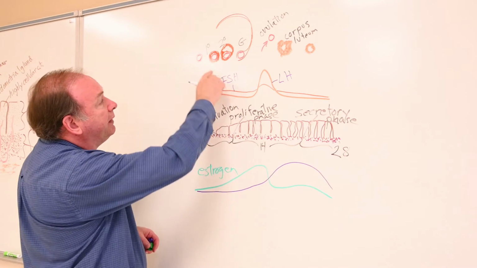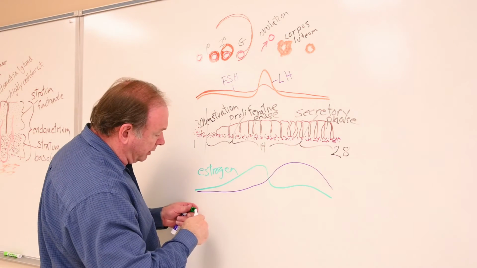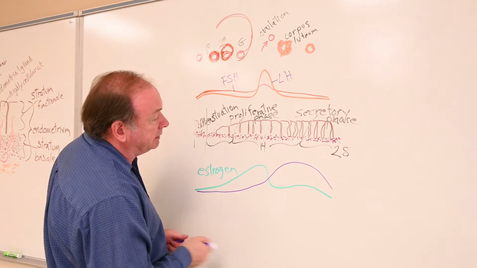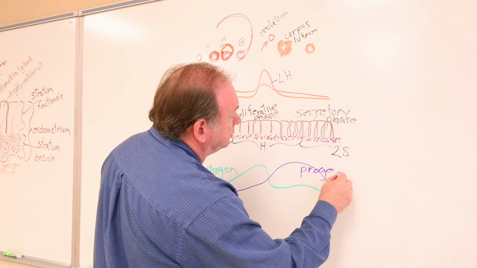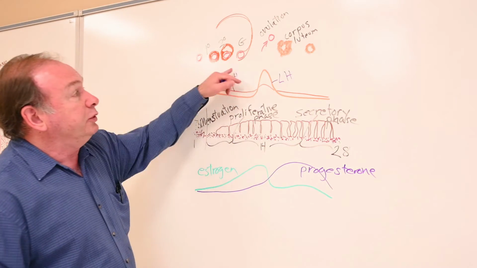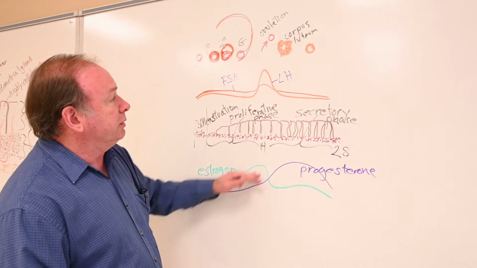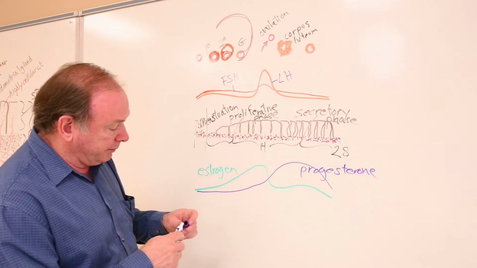Estrogens being produced by this growing follicle up here. And then the purple line down here represents progesterone, which is produced primarily by corpus luteum, so you see a large peak in that after ovulation, right there.